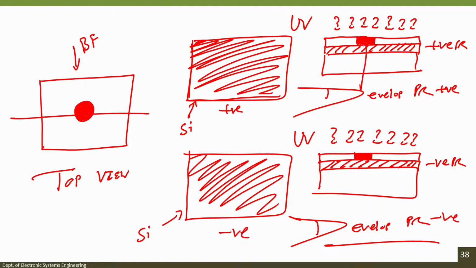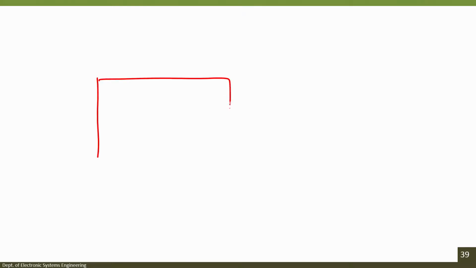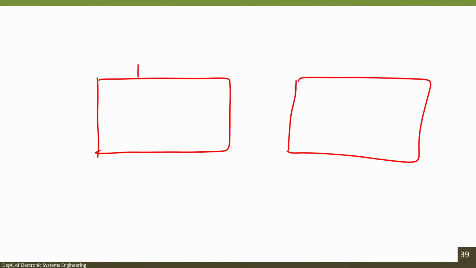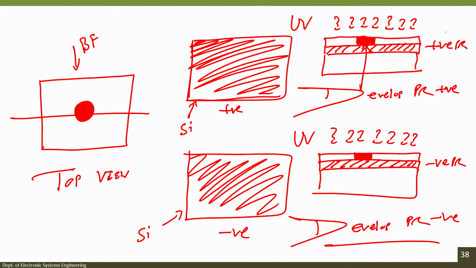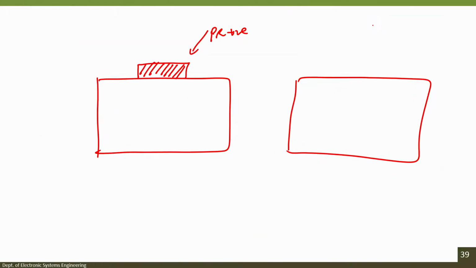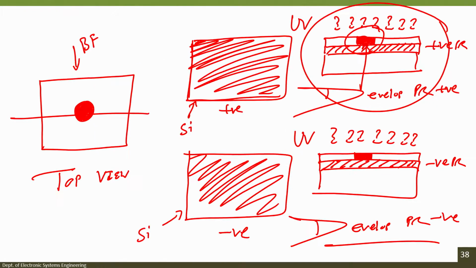The region where there is a pattern is the unexposed region. So, in positive photoresist, after you develop, this region you will see that photoresist is still there. In this case the unexposed region is stronger, and that is why you can retain the photoresist after developing in positive photoresist developer.